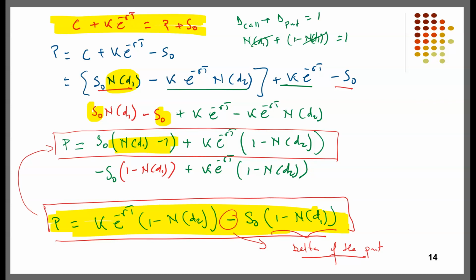The reason it's expressed like this is to make it clear that, because the sum of the deltas is equal to 1, this value comes with a negative sign, so that the delta of the put is negative.